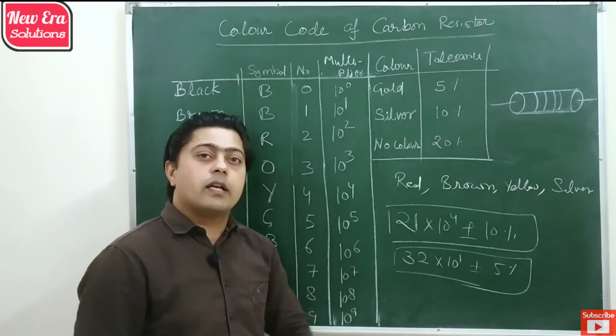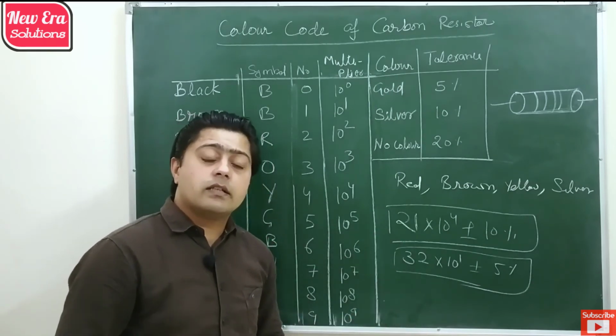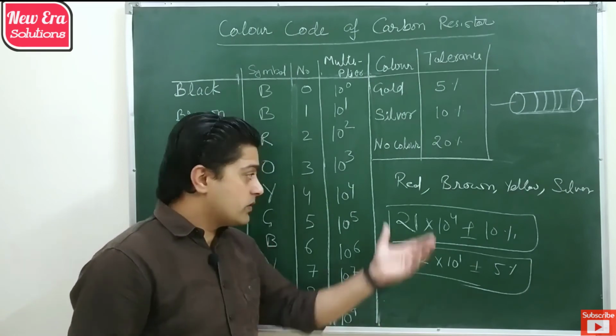So you can code or decode the resistance of a carbon resistor by using this concept.